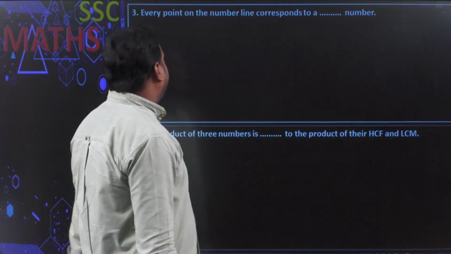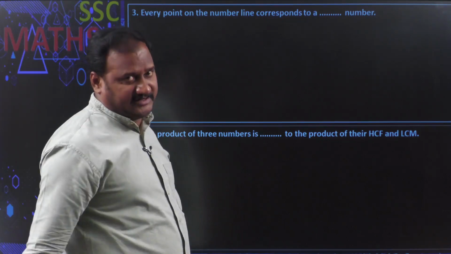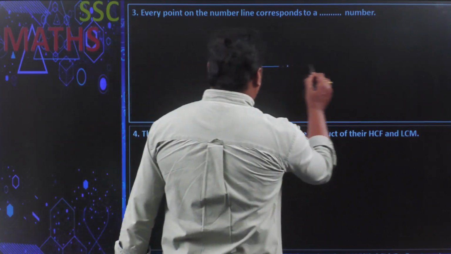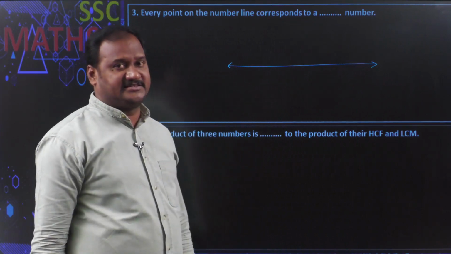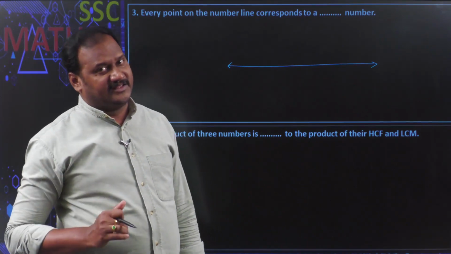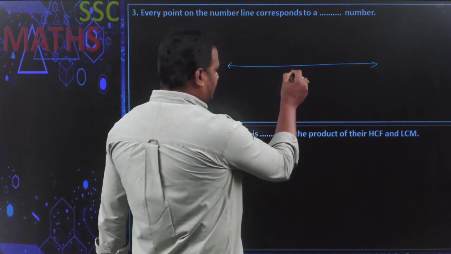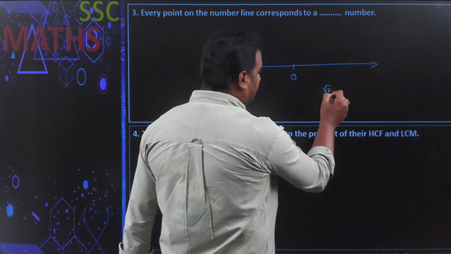Coming to the next problem, every point on the number line corresponds to a dash number. See, this is a real number line. On this real number line, this is 0, and you can express root 2 also on the number line.